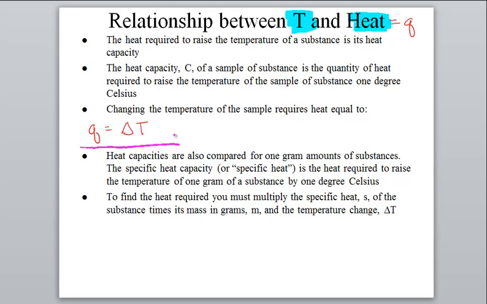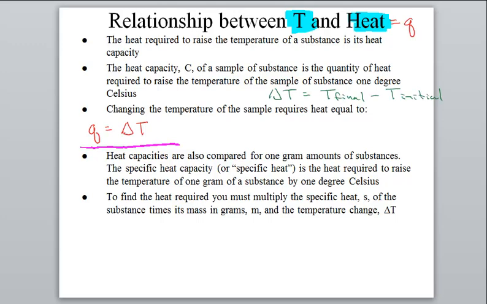And by the way, a triangle in our equations and in most science equations means change. And whenever you have a change, it's always final minus initial. So that triangle in T is temperature final minus temperature initial. The other part of this relationship is actually a constant.